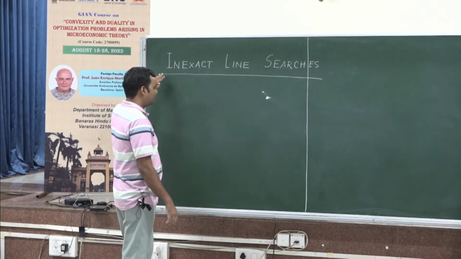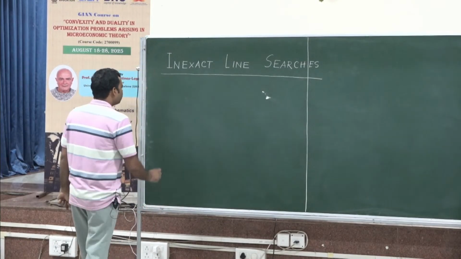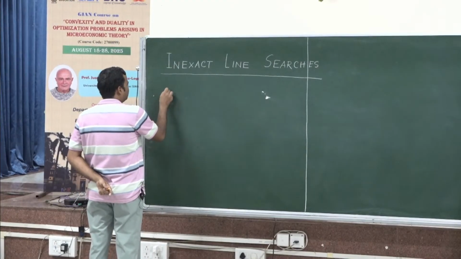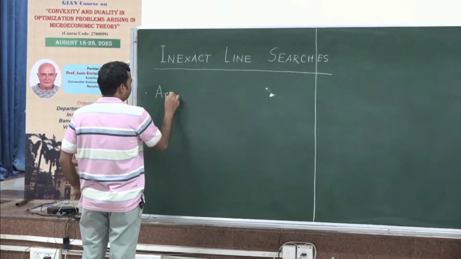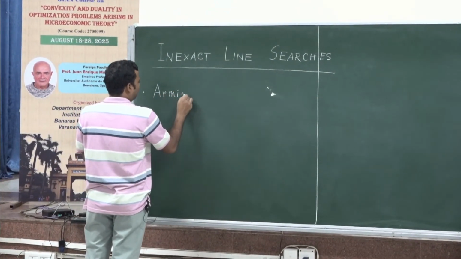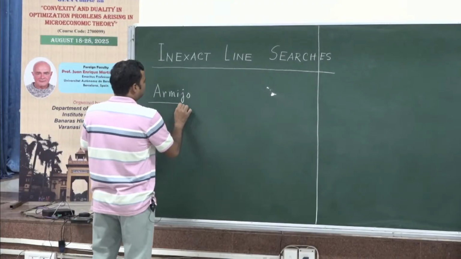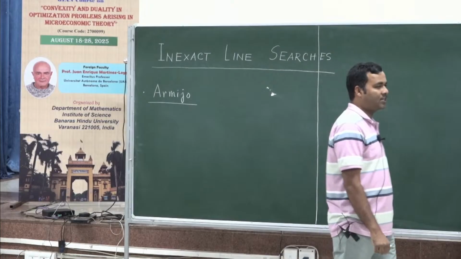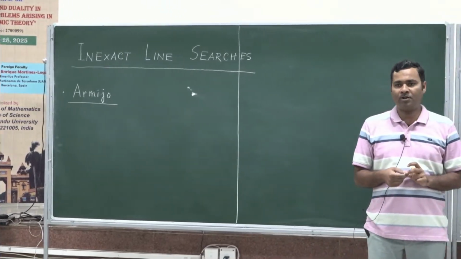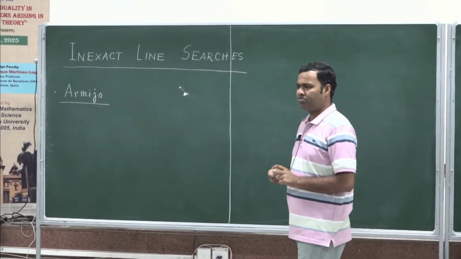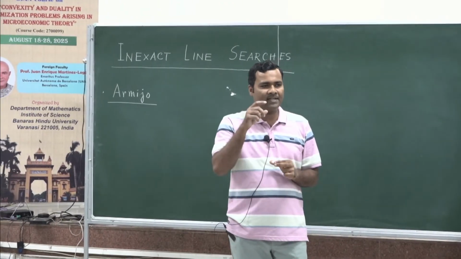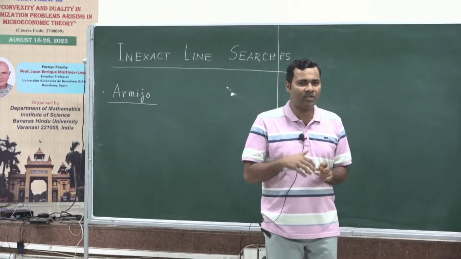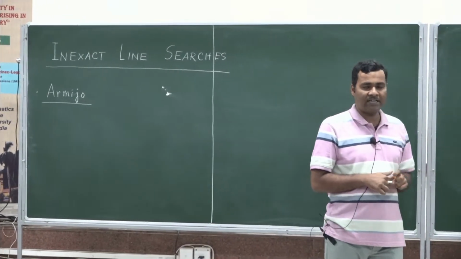The most ancient 4 methods are as follows. The first inexact line search I will be talking about is the Armijo condition. Armijo line search keeps in mind that the function value should decrease not just slightly, but sufficiently. And how to assure that the function value in the next iterate has sufficient decrease?